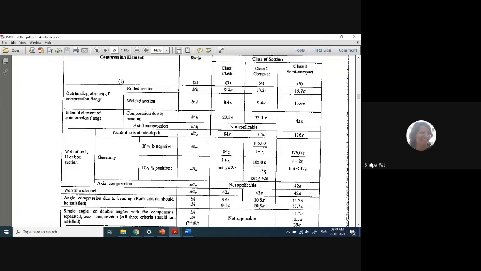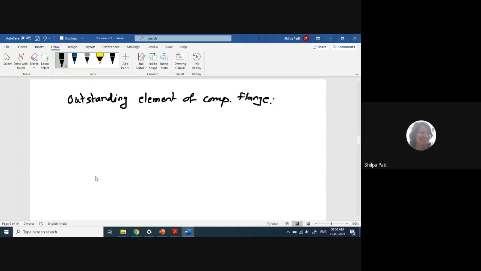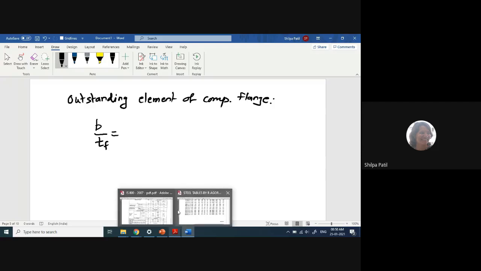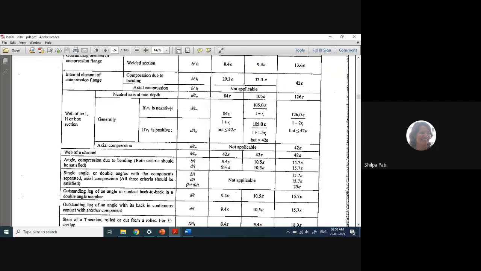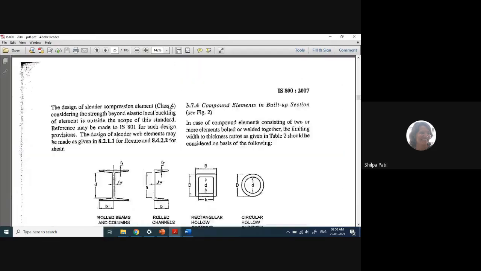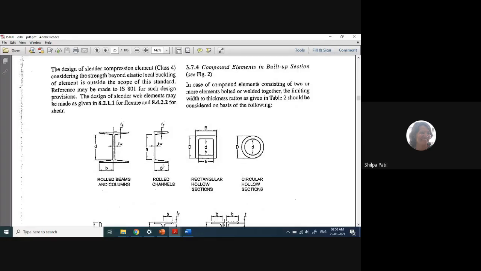For the outstanding element of compression flange, the ratio is B by TF again. So I will write down B by TF here. Now, what is B and what is TF? Let us refer to the diagram given in IS 800. This is a channel section and this is the B. For channel section, the full width of flange is to be considered as B, whereas for I section, half width of the flange is considered as B. Again, keep this difference in mind.